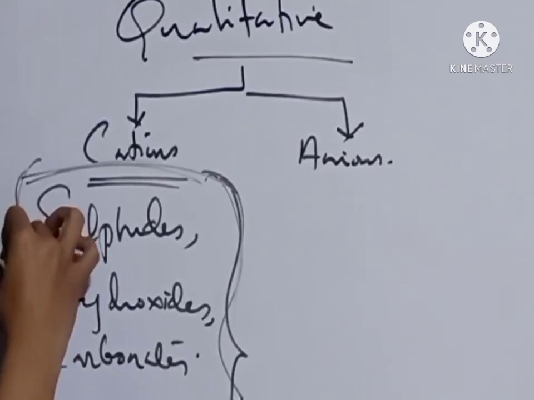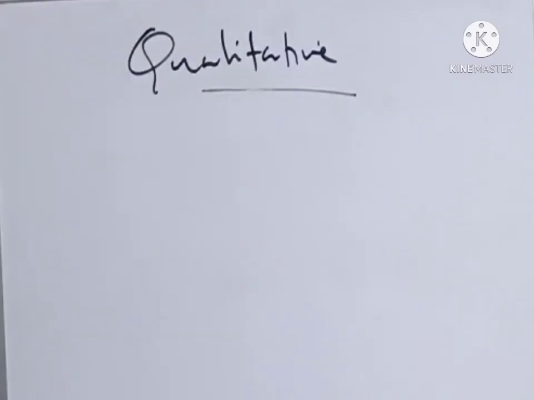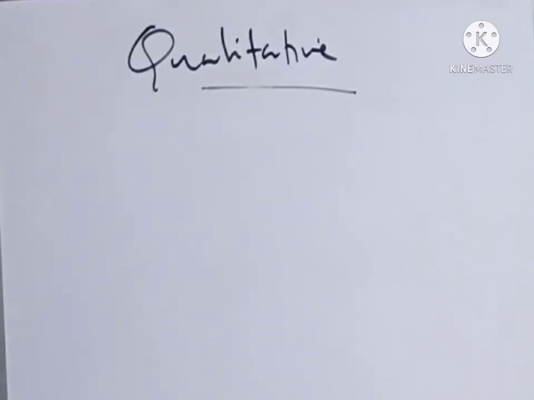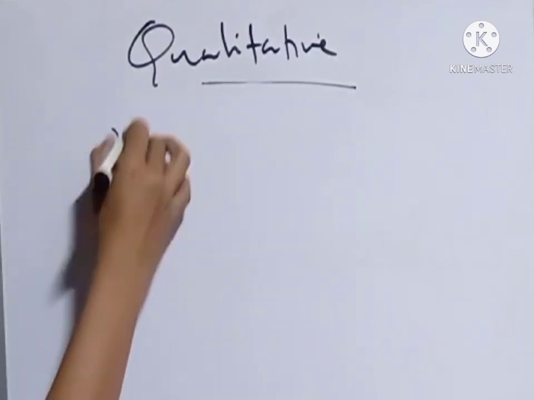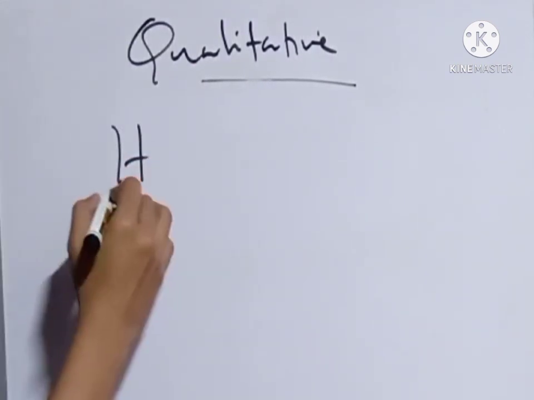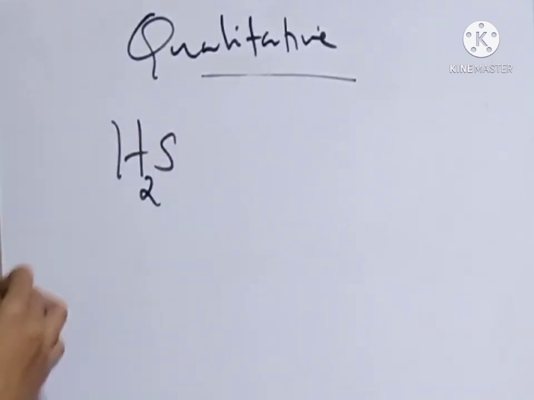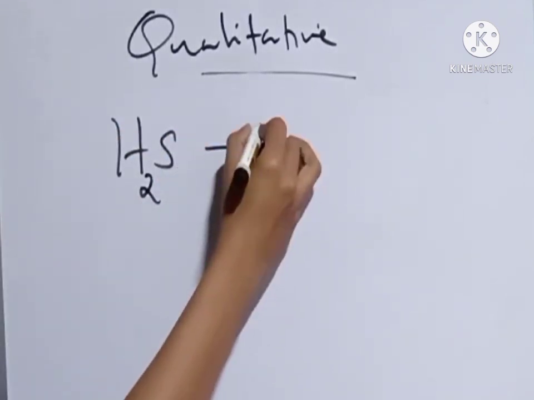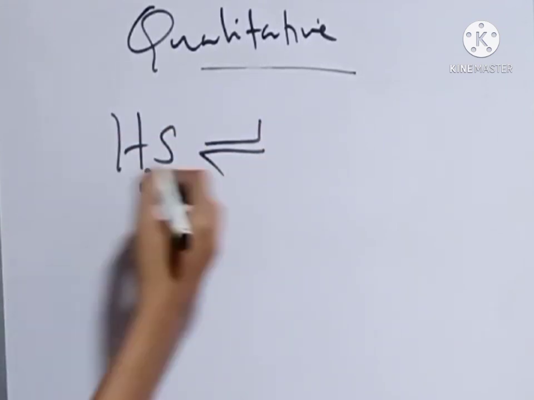Let us talk about the precipitation of sulfides. Here we are going to precipitate the metals as sulfides. So normally we use a weak acid, that is H2S, hydrogen sulfide, to precipitate the metals as their sulfides.